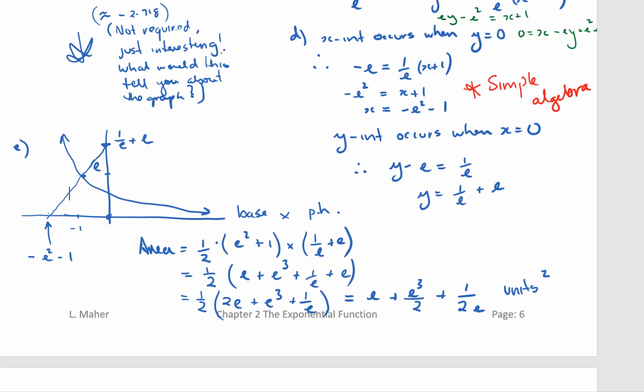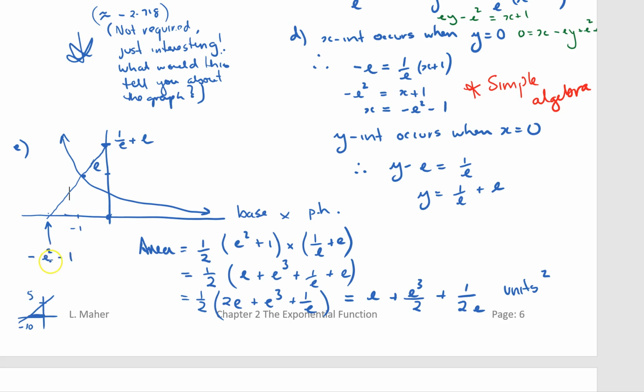Now, the base is not negative. I'm sure if we drew a triangle here and it was down at negative 10 and it was up here at 5, you would know to call the base 10 units. You wouldn't call it negative 10.